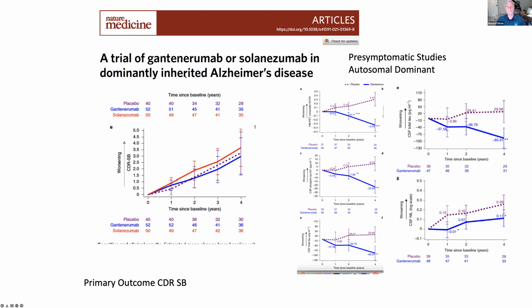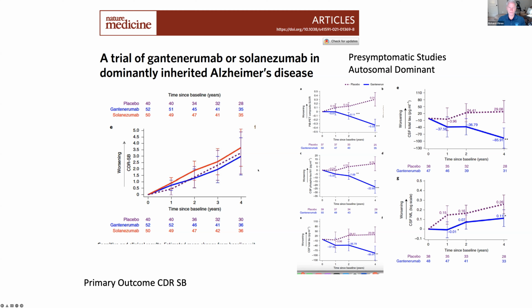This is out of WashU, the DIAN study, which are autosomal dominant AD patients treated with either of these 2 amyloid clearing antibodies, using the same primary outcome as Biogen, the CDR sum of the boxes. And this is the progression rate in the placebo, which is the dashed line, and the 2 treatments.